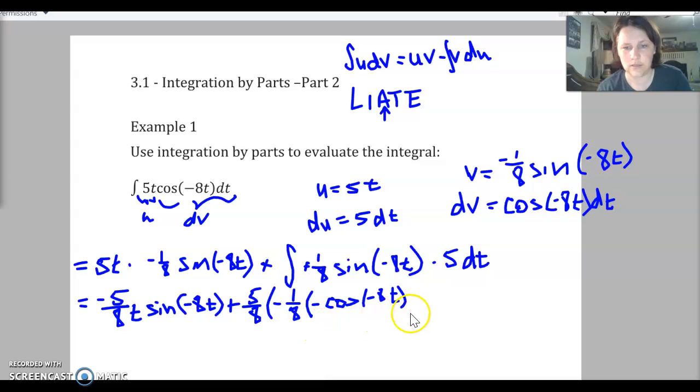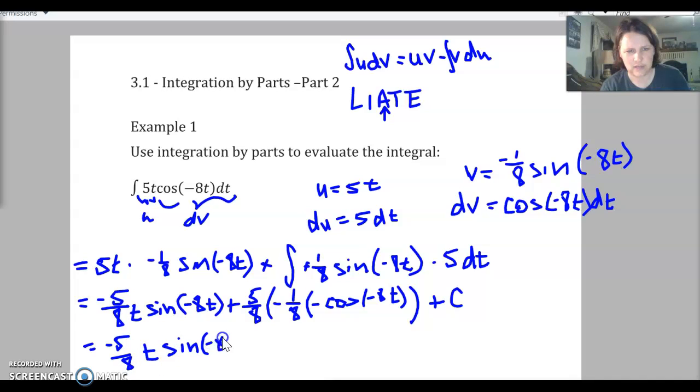All right, so lots of negatives there again. We got our 5 pulled out in front, so I think we're good with everything. And then a plus c. Okay, so we've got negative 5/8 t sine of negative 8t.